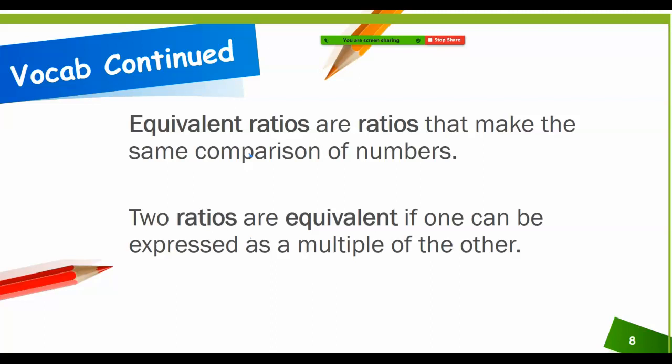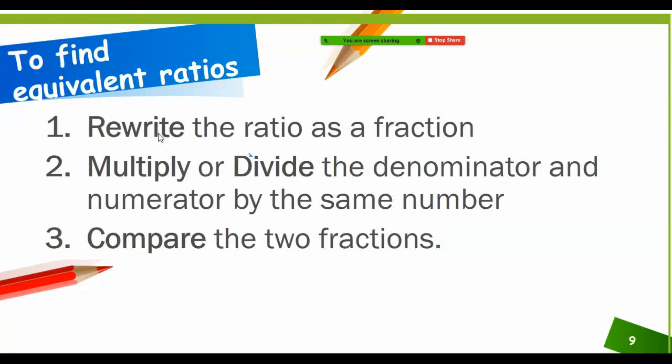There are 3 steps to finding equivalent ratios. The first step is what, Madison? What's step 1? Okay, good. Step 1 is rewrite.